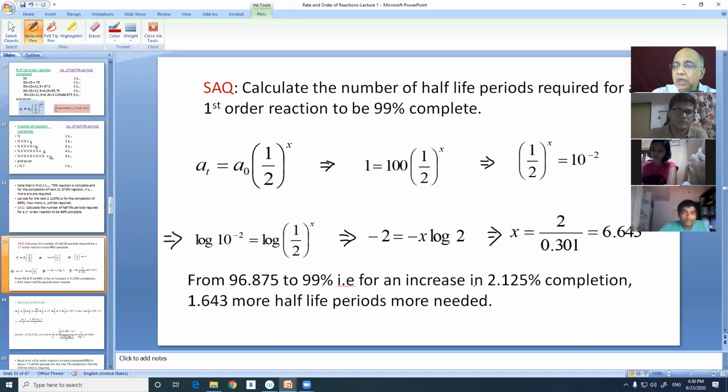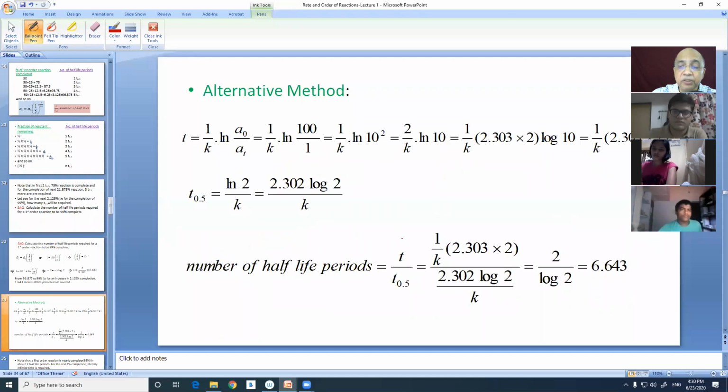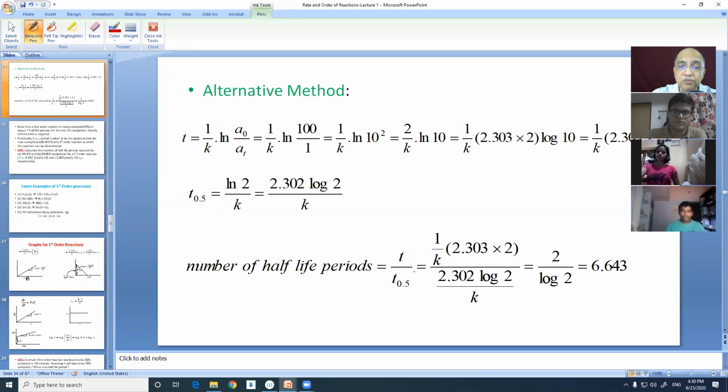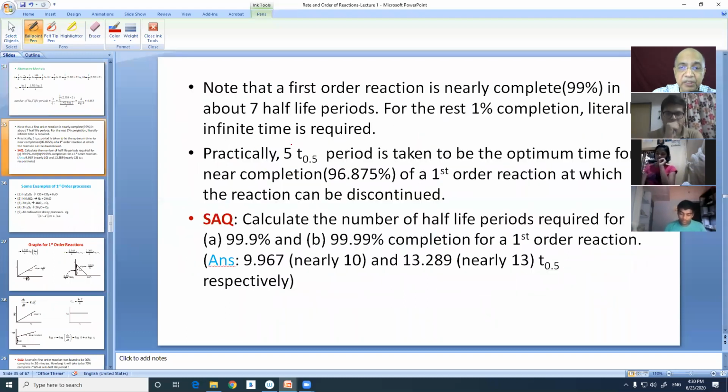Now 99%, we have already done this in our class, and the alternative method also we had done to find t and then t.5, take the ratio, and that will be the same. This you have already done at home.